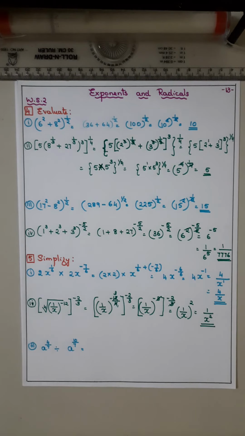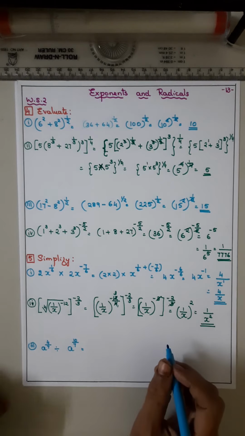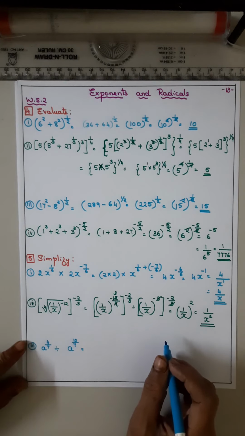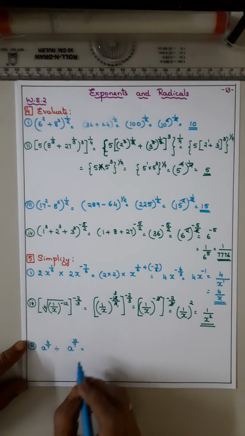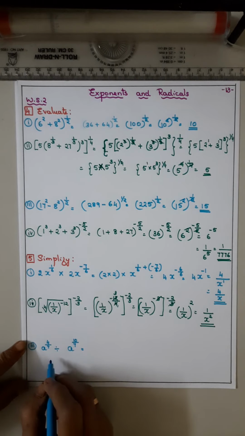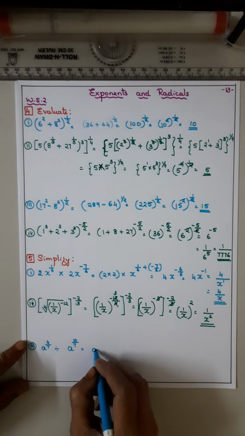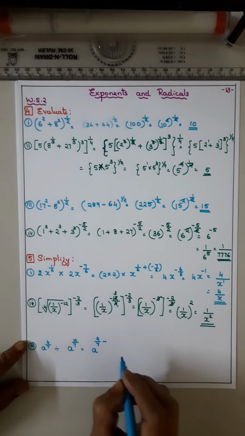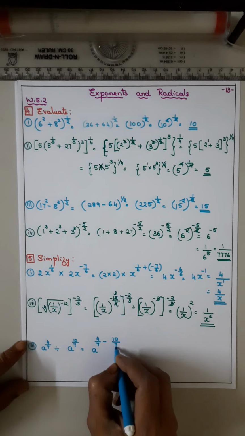Okay. Now coming to the third sum. It is a to the power 4 by 7 divided by a to the power 10 by 7. The bases are same, but it is a division in between. So it is direct law. You have to use 4 by 7 minus 10 by 7.